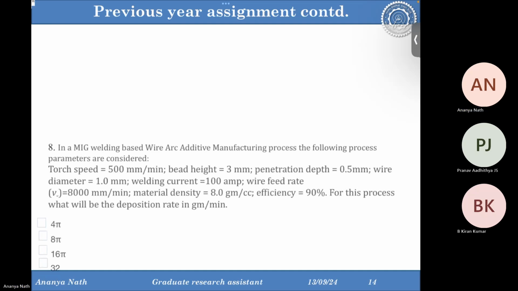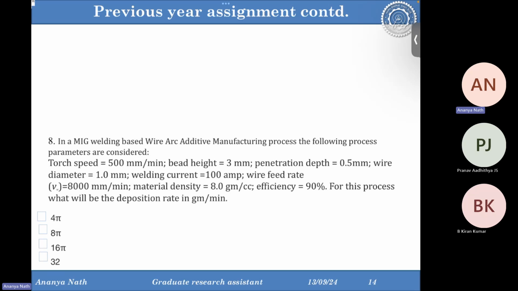Then in a MIG welding based wire arc additive manufacturing process, this is a sum again. Let's try to find out the formulas. Torch speed, torch means the consumable electrode, okay? Torch speed is 500.